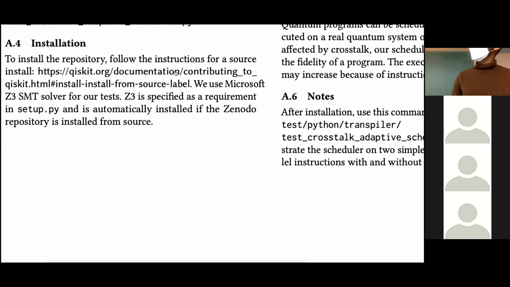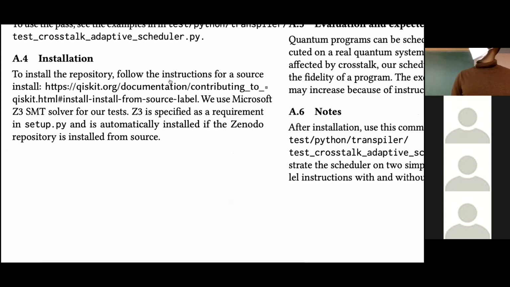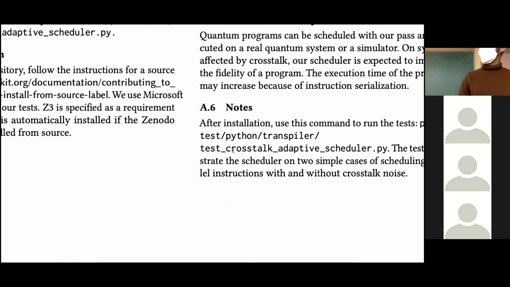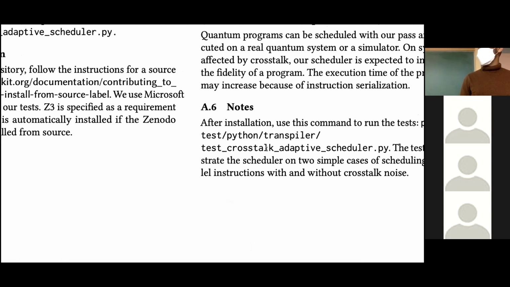I think they've provided the module for the crosstalk adaptive scheduler, so it's possible to use it even though it's not integrated in IBM. But you have to measure. I guess they might also have a module for characterizing the crosstalks, but that could take some time because you need data from several calibrations. So maybe.